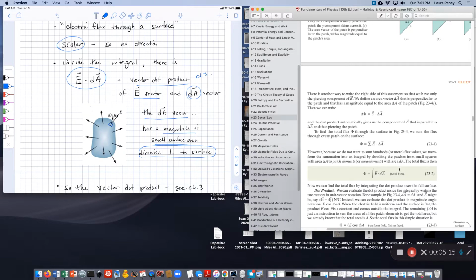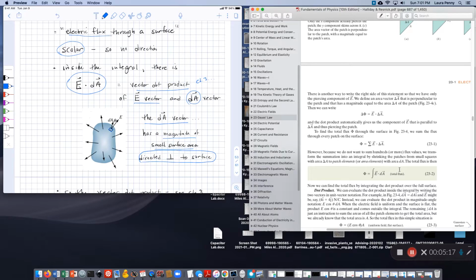Remember that we're talking about the electric flux through some surface. And so the surface has some surface area, of which dA is a small little bit of it, right? So this whole thing has a surface area. This is all the surface area of this thing. Here's a little bit of the surface area.